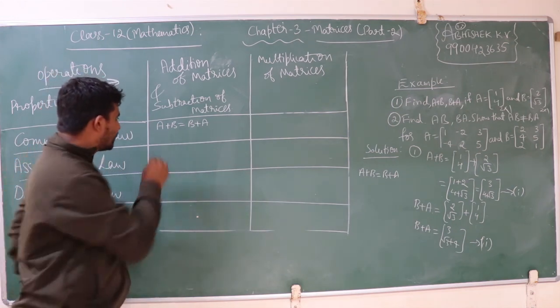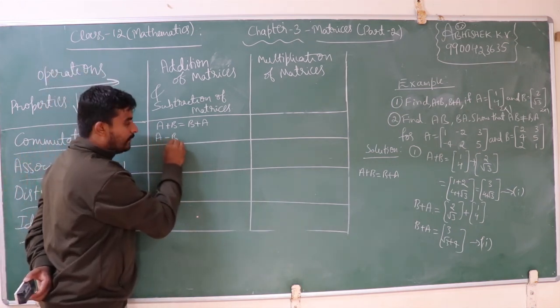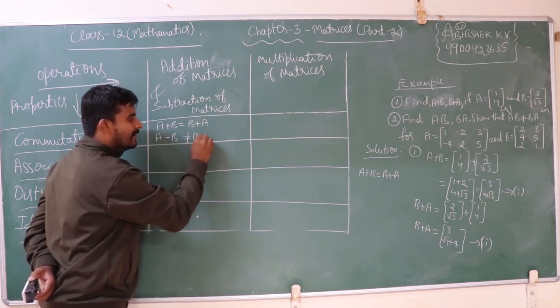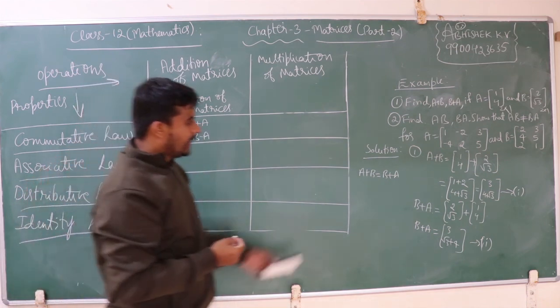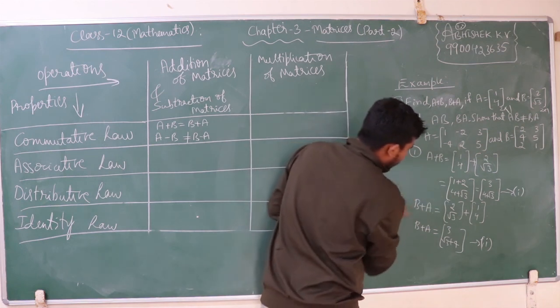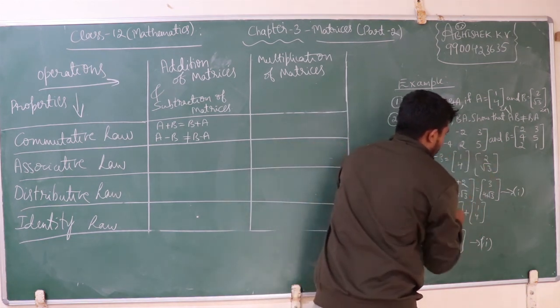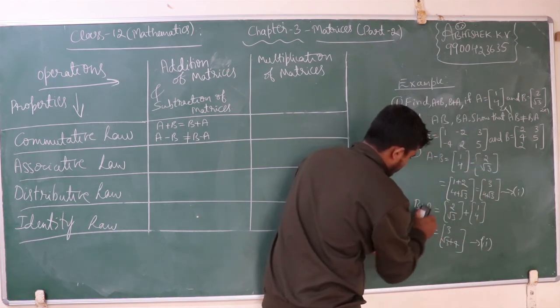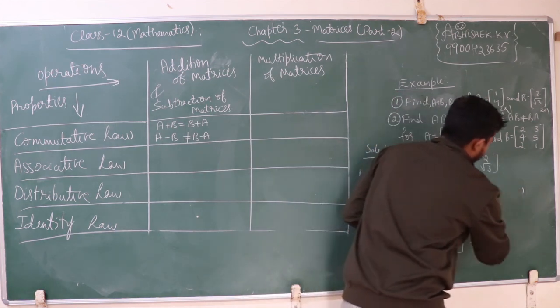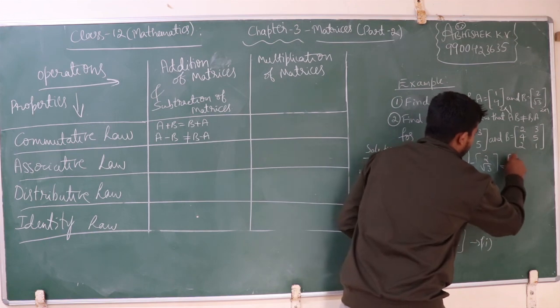What about subtraction? A minus B should not be equal to B minus A, isn't it? If I consider subtraction for these two matrices, what do we get?